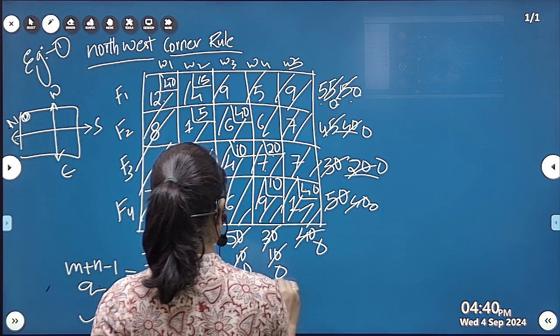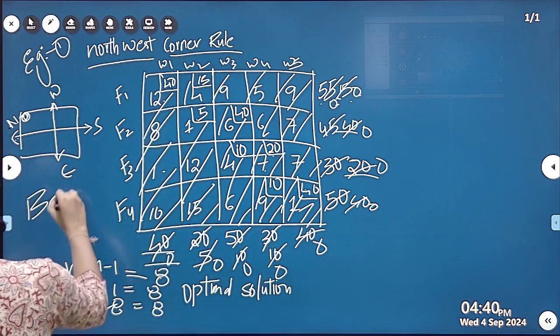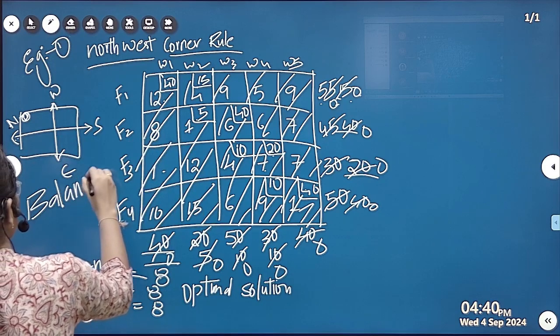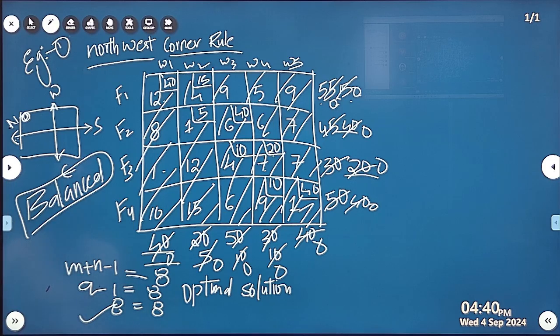So now this question is based on balanced units. If an unbalanced question arises, you need to introduce a dummy matrix.